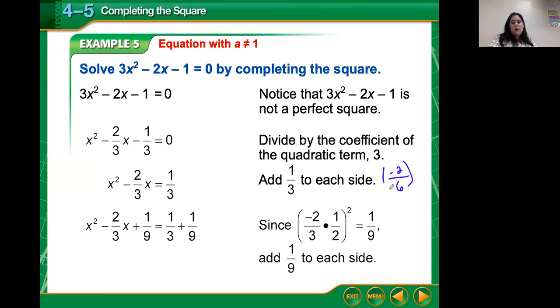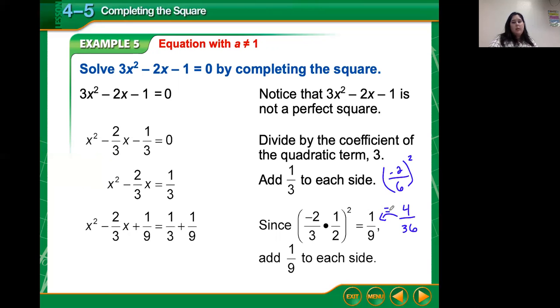So when we square this, we get positive 4 over 36, which simplifies to 1/9. We want the simplest form. It's going to make things easier on us if we are using the simplest forms.